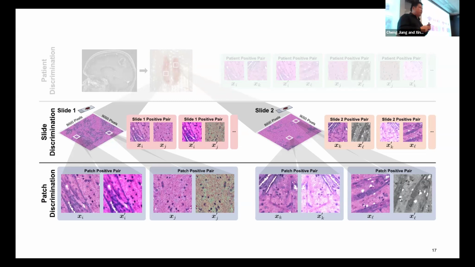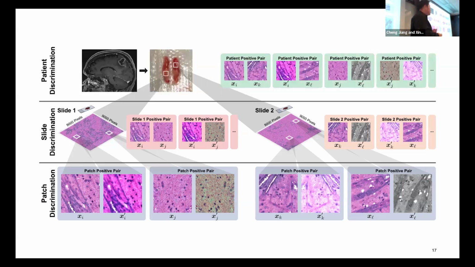We're doing instance discrimination again, but only at the slide level. And finally, we can do this at the patient level as well, where maybe we know that a patient had multiple specimens, and these specimens are again views of the same underlying tumor biology.